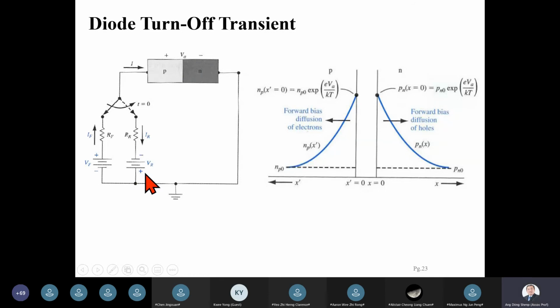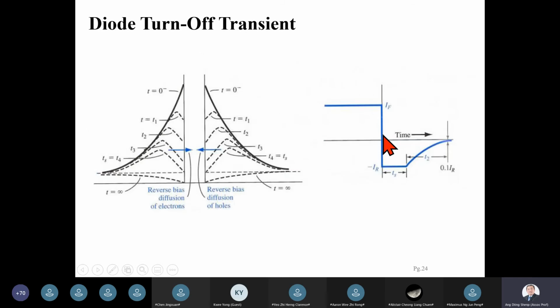Now, when the PN junction turns off, the current should be very small. So the question here is: does the current immediately drop from a large value to a very small value the moment I toggle the switch from left to right? The answer is no, because of the presence of storage capacitance.